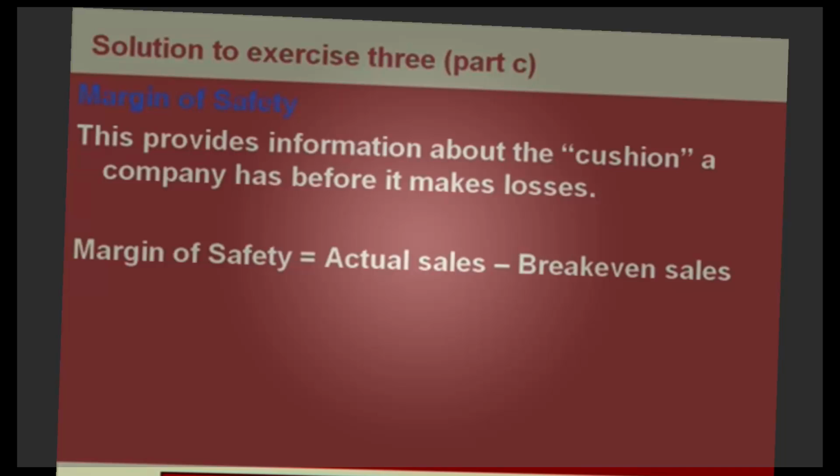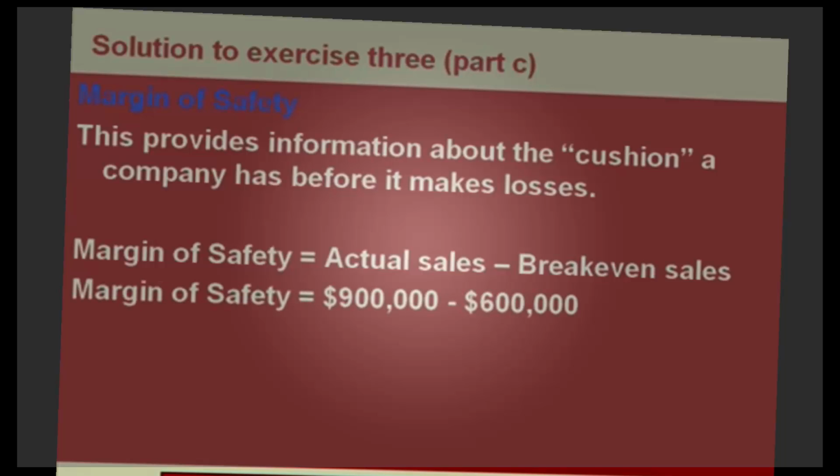The formula is margin of safety equals actual sales minus break-even sales. We already computed break-even sales, and we know the actual sales. From part B, the actual sales is 900,000. From the first part, we knew the break-even sales is 600,000. So the margin of safety is 300,000.